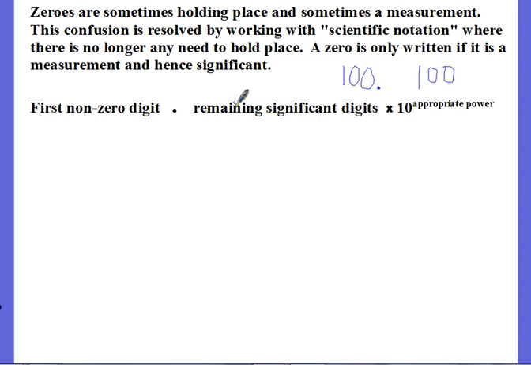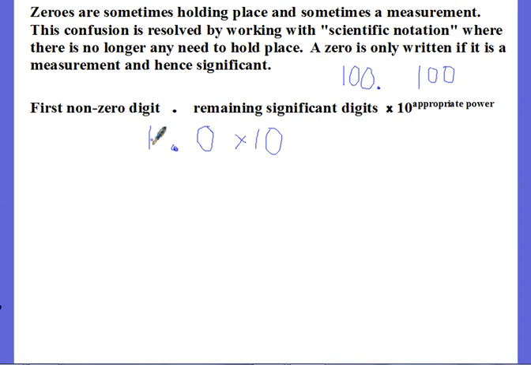Instead, we are going to go to scientific notation, where you put the first non-zero digit to the left of the decimal, and then suppose this one is significant and that one is holding place. You only write these digits that are significant here to the right of the decimal, and then you multiply by 10 raised to the appropriate power, so this will mean what it's supposed to mean.